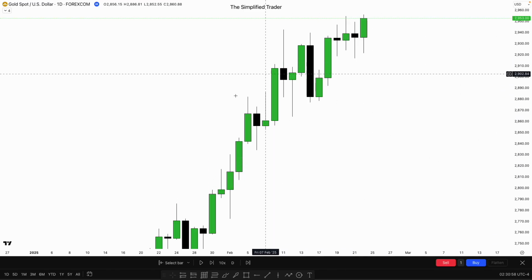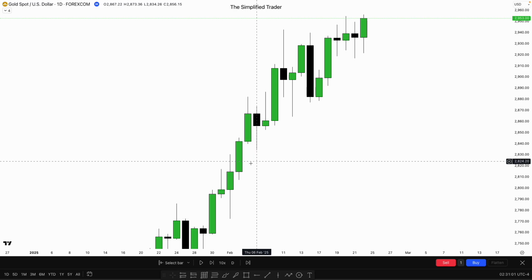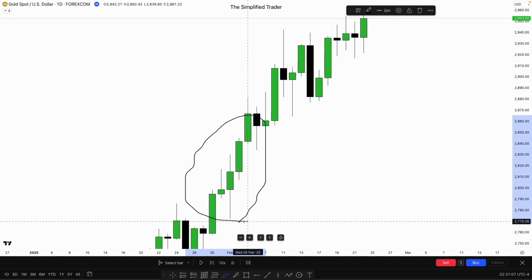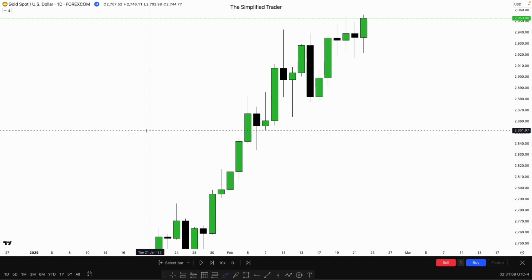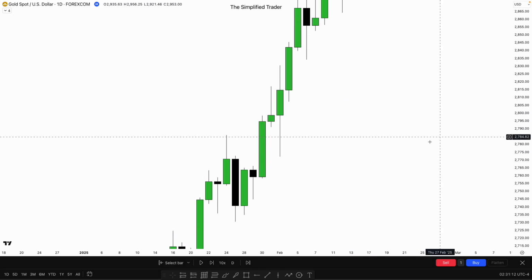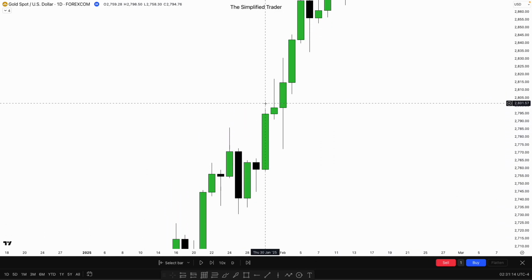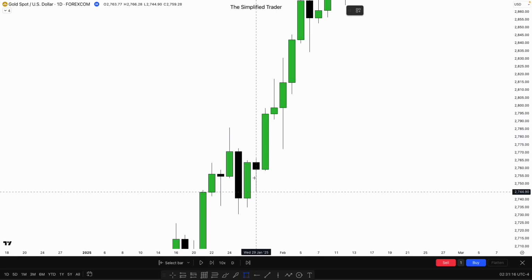So in this chart, we are on gold on the daily time frame. We can learn a lot of what I just spoke about. We can see that if we look over here, the market is expanding and we are in a very bullish market environment. So now if we look here, we can see that we have this very nice expansion candle, which leaves what?